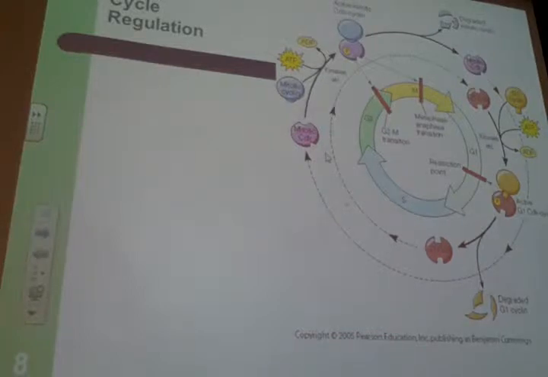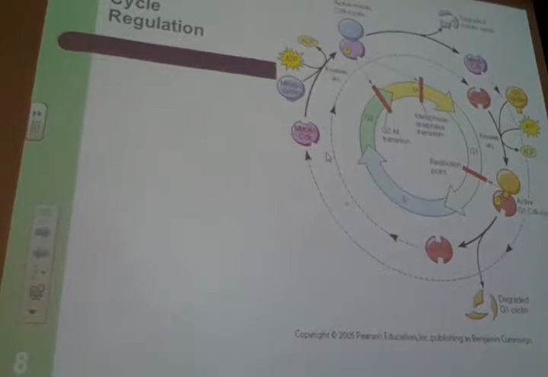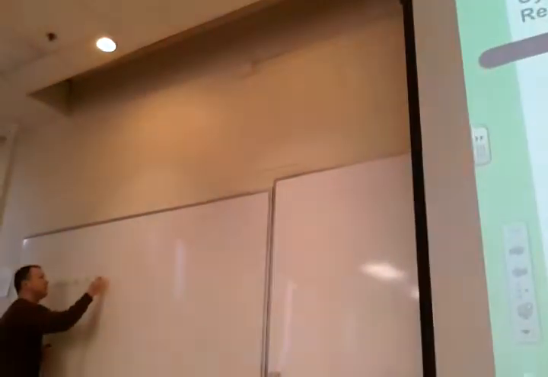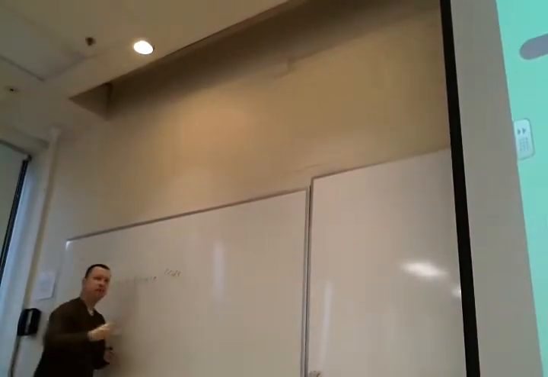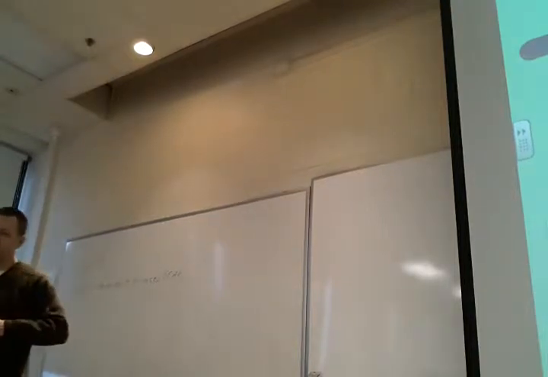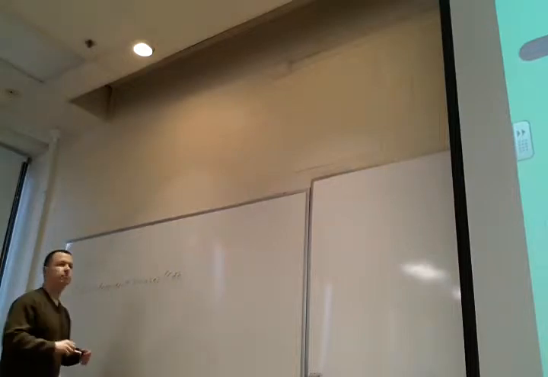So we have cyclins, and we have cyclin-dependent kinases, usually abbreviated CDKs. So we have a sort of a two-piece process here.